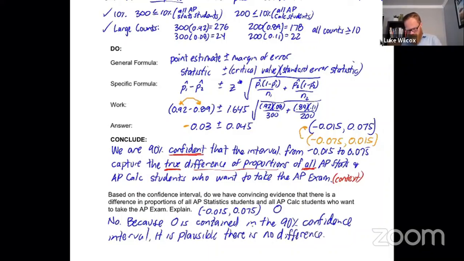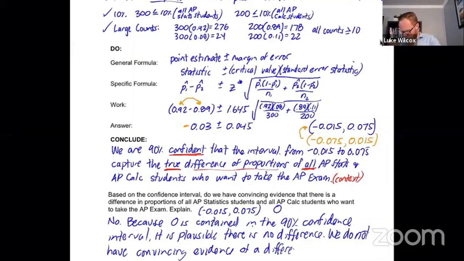So to wrap this up, we do not have convincing evidence of a difference of proportions who want to take the AP exam.